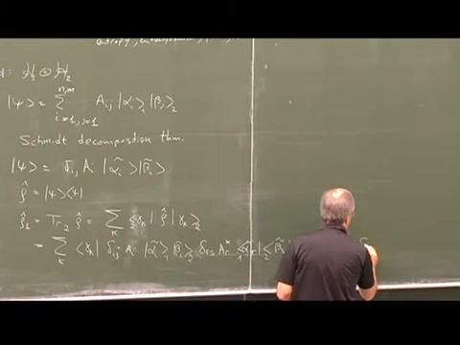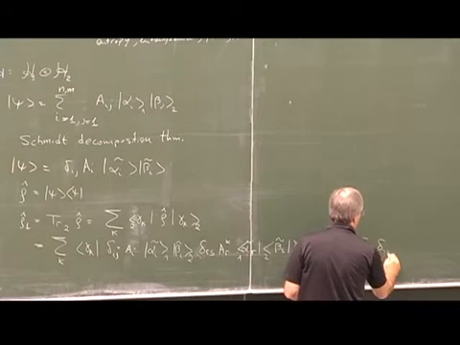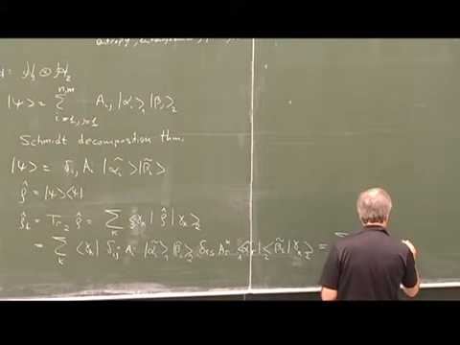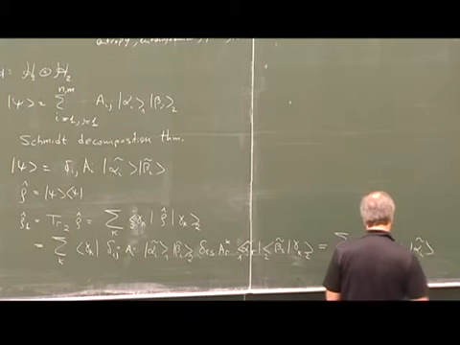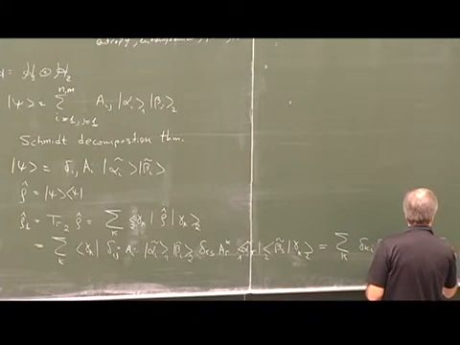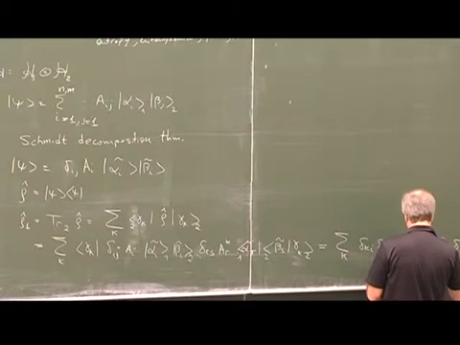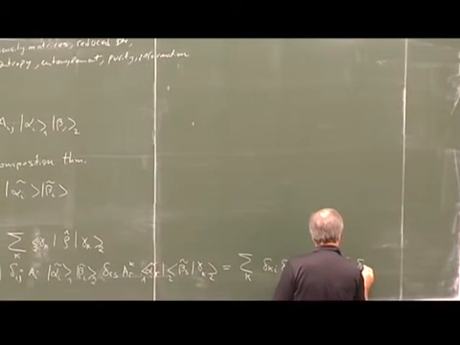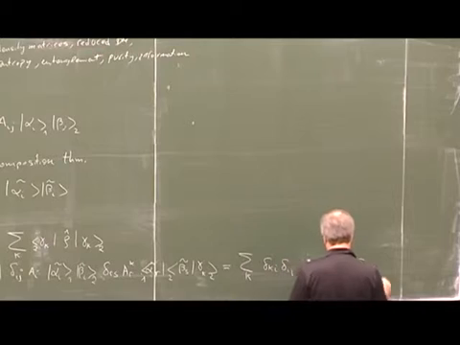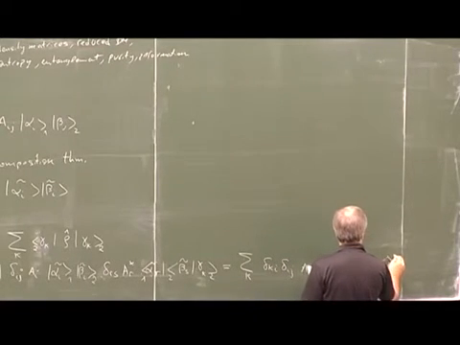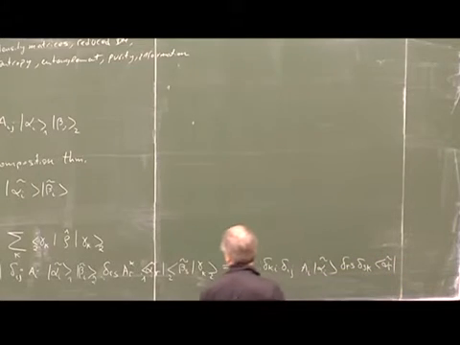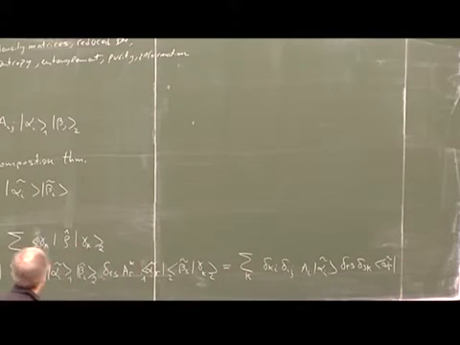So I get delta ki, delta ij, a_i, alpha_i tilde, delta rs, delta sk, alpha_r tilde.